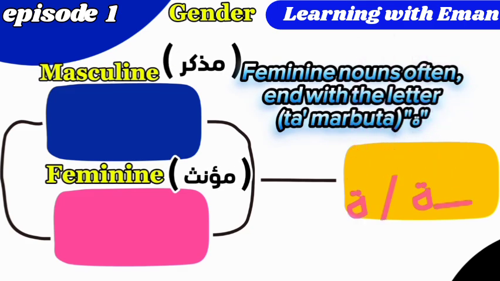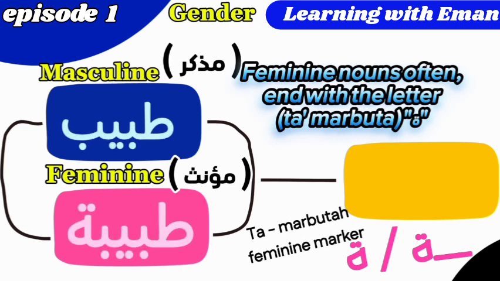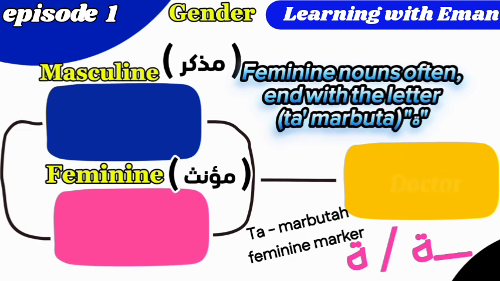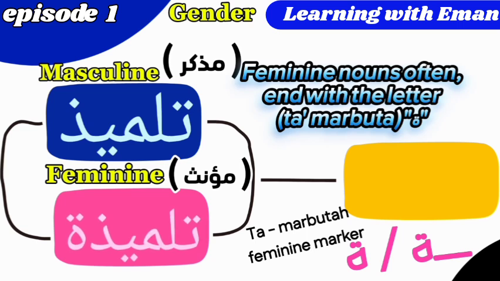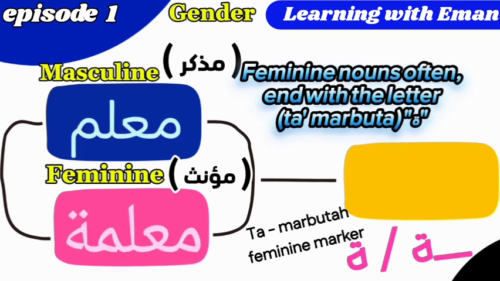Feminine nouns often end with the ta marbuta, as in the following list. طبيب, طبيبة, which means doctor. تلميذ, تلميذة, which means pupil. معلم, معلمة, which means teacher.